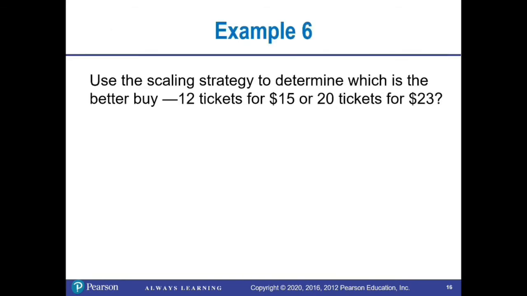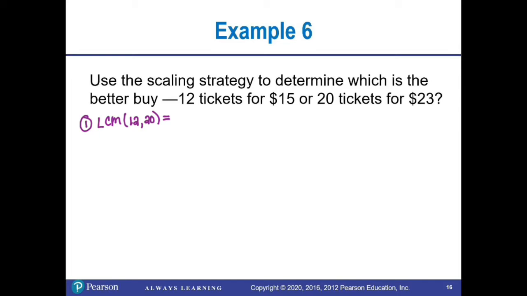In example 6, we have 12 tickets for $15 or 20 tickets for $23, and we want to know which is the better buy. Let's use the scaling strategy to answer the question. So first, I find the least common multiple for the number of tickets. So the least common multiple of 12 and 20.